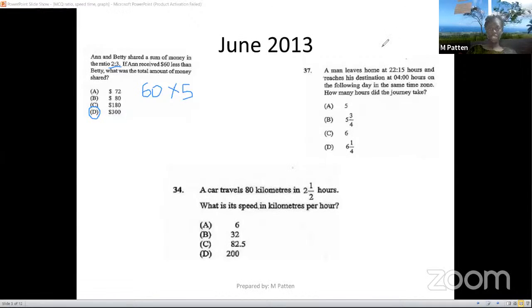Number 37. Abigail Cooper, can you read it for us?